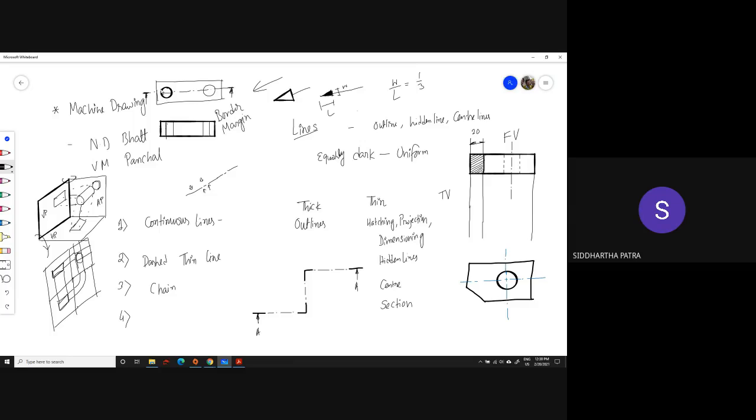Imagine this object has been cut along this plane. So this part is a section, same as this part. So this is the purpose of this thick and thin combination chain line.